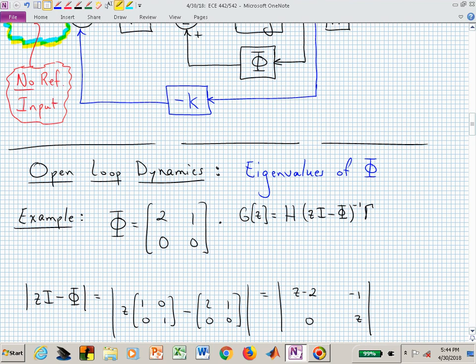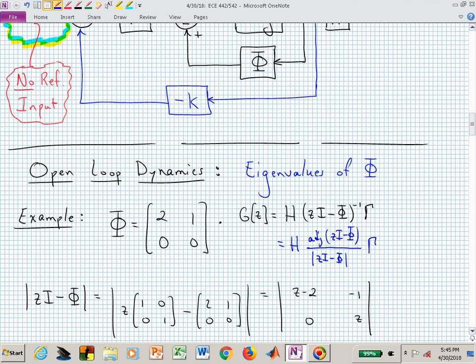So if you looked at this in terms of an expression, you would say now you have this adjoint matrix of zI minus phi, and that's going to be some square matrix as a function of z, but it will now collapse when you pre-multiply by the output matrix H and post-multiply by the input matrix gamma, and that will now become the numerator polynomial, and that's going to be on top of the determinant, which is zI minus phi.